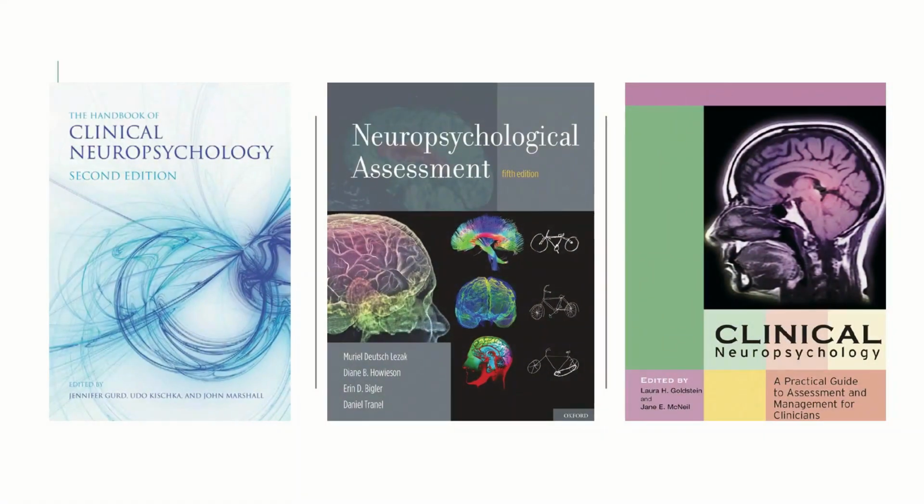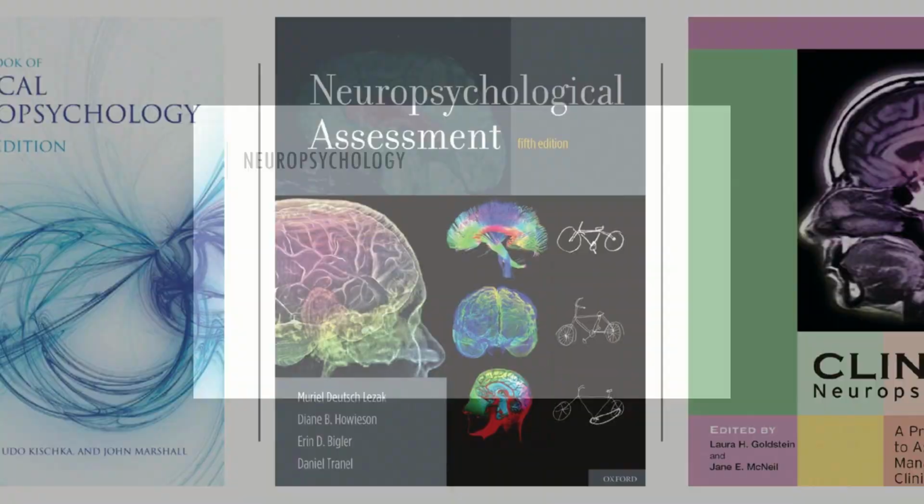The fifth is Neuropsychological Assessment from Lezak, which is a very good manual. And the sixth was Clinical Neuropsychology from Laura Goldstein and Jane McNeil. I think these books are very important to study if you want to know more about neuropsychology. So now let's see what neuropsychology is.